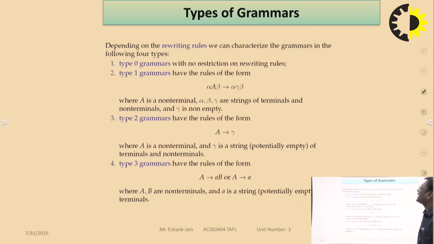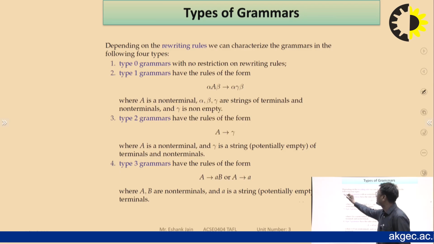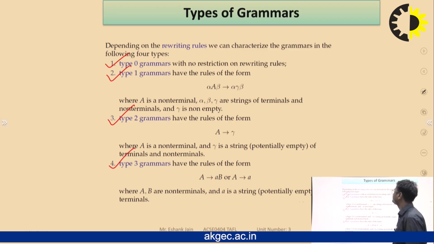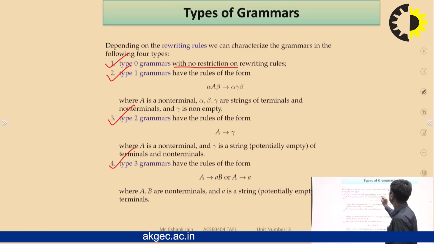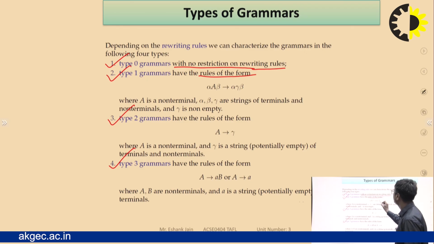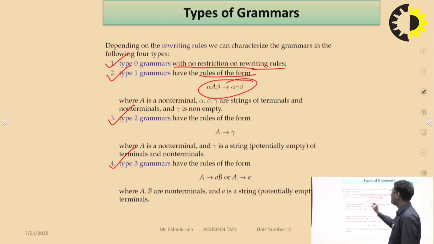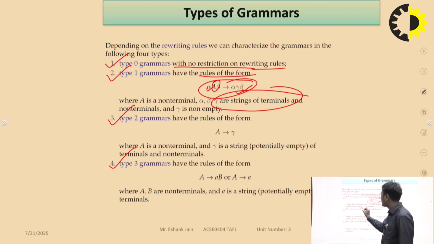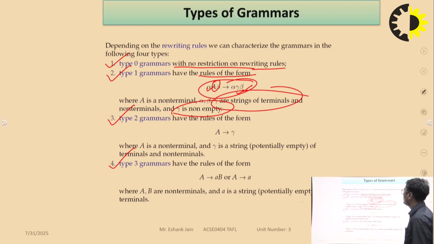There are 4 types of grammars. Number 1, type 0, number 2, type 1, number 3, type 2, and number 4, type 3. Type 0 grammar has no restriction on rewriting rules. Type 1 has rules of the form alpha A beta tends to alpha gamma beta, where A is a non-terminal and alpha, beta and gamma are strings, with the condition that gamma is non-empty.